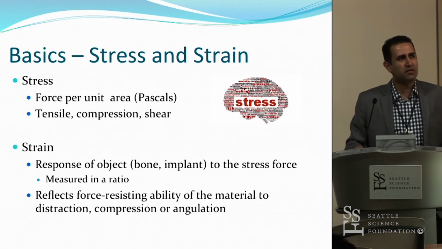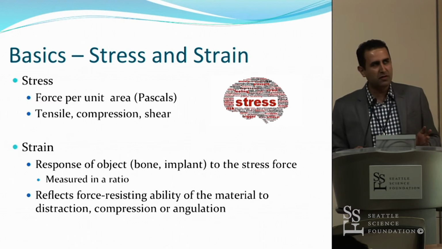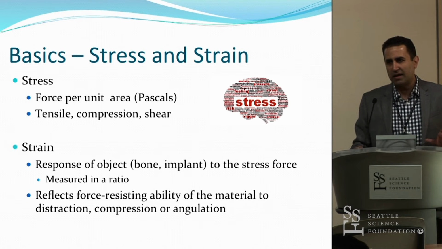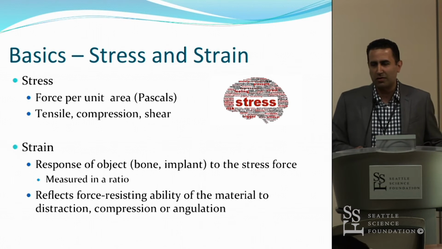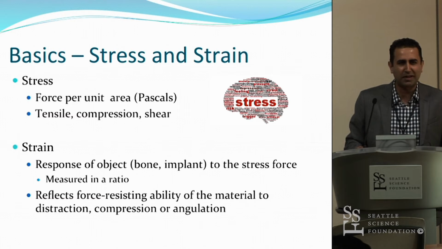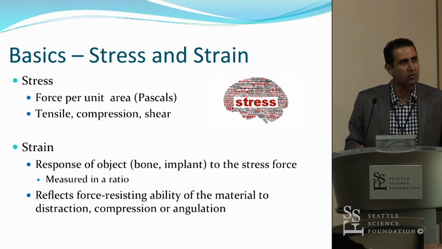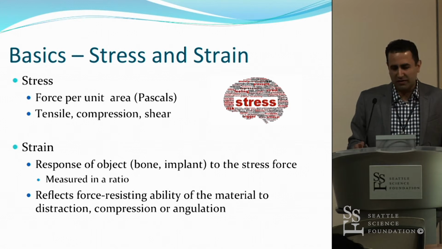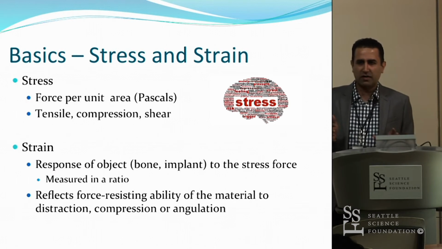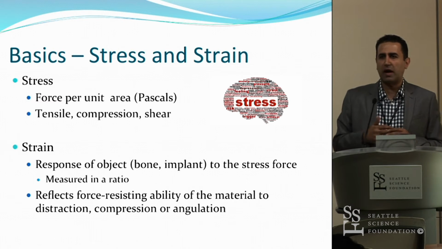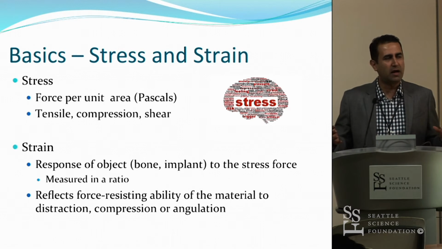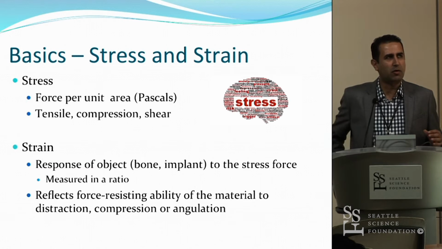So this leads us to another concept, and that is the difference between stress and strain. Again, I think the ortho guys, you can go back to sleep right now. But for the neurosurgeons amongst us, this is a really important concept to grasp. Stress is literally a force that's applied over an area, and it's measured in those parameters.